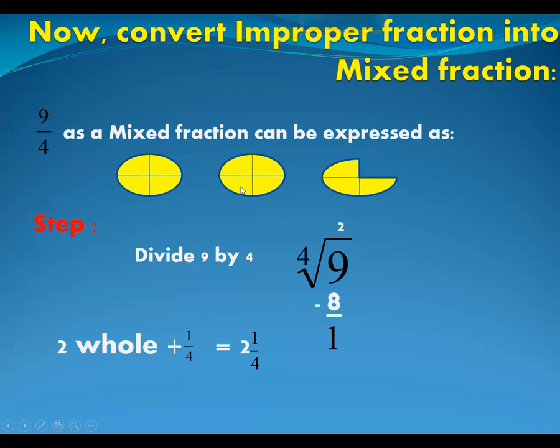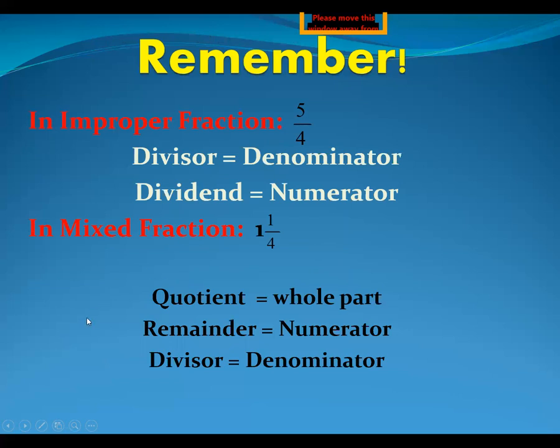With the help of this diagram, you can easily understand that out of three pizzas, two are completely eaten, but the third one is fractionally eaten. That means it's still incomplete. So how are you going to convert the improper fraction into a mixed fraction? Over here, you have to remember one thing.